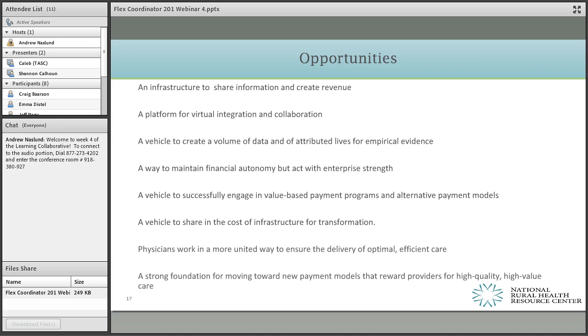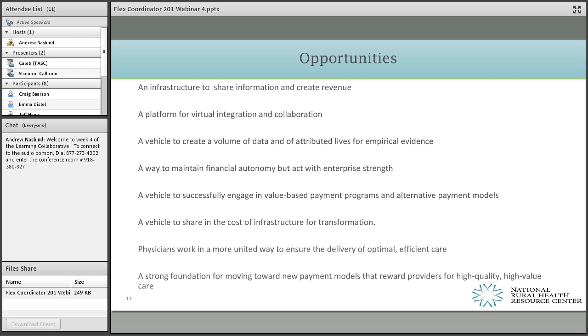So if you don't want to be bought or you don't want to buy somebody as a rural provider, working with a clinically integrated network gives you the ability to work collectively as an enterprise under one tax ID number, but still maintain your financial autonomy and independence in your own controls of your own tax ID number. I think that's a really strong point about the clinically integrated network.